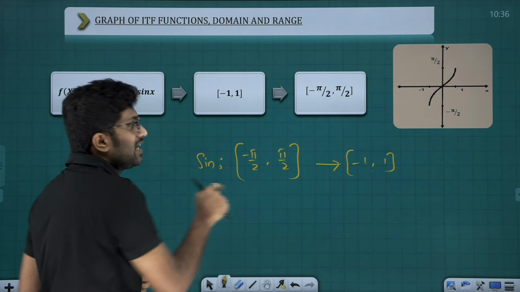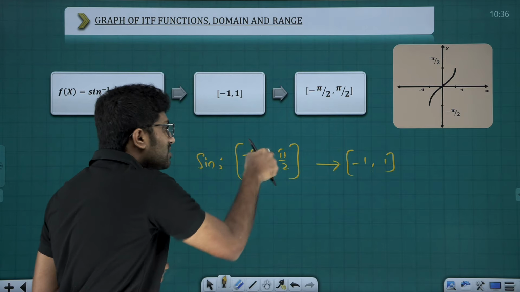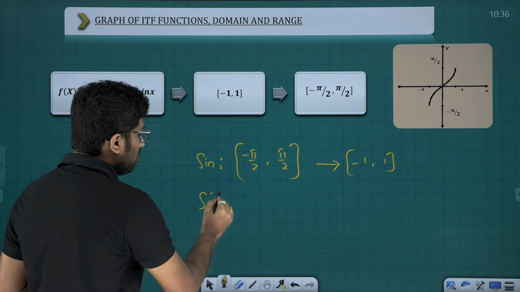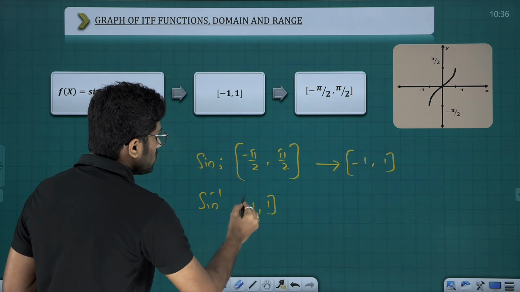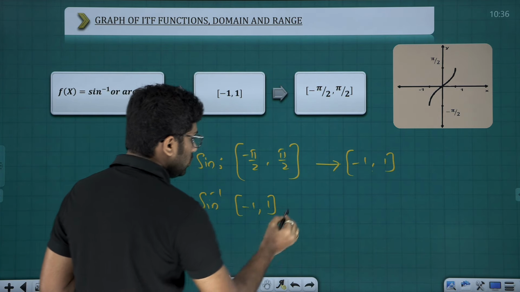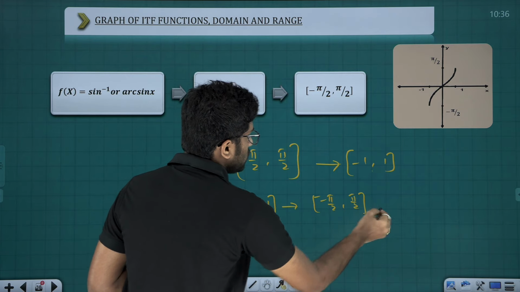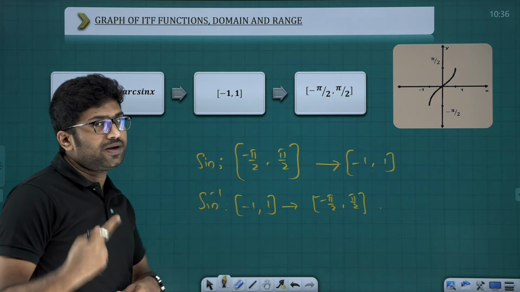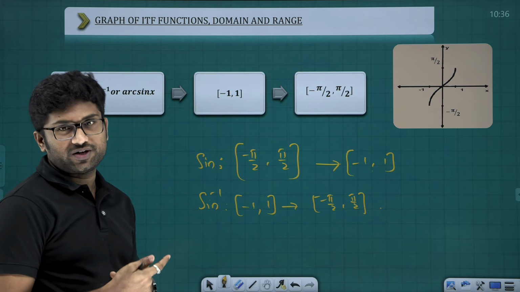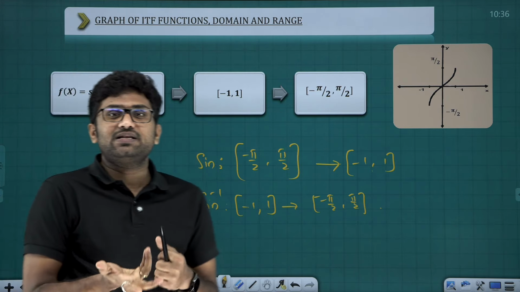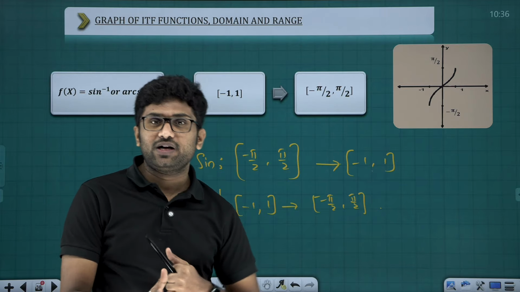So only this particular function is bijective. As this function is bijective, there exists its inverse. The inverse, sine inverse, will map from closed −1 to 1 to closed −π/2 to π/2. So range becomes domain and domain becomes range for the inverse functions. So these are inverses of trigonometric functions, and hence the reason we call them inverse trigonometric functions.